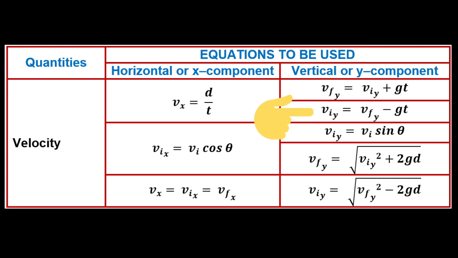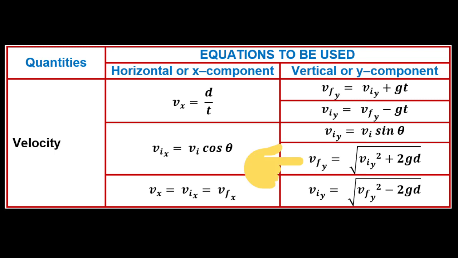Vfy can also be 0, especially if the object moves up and reaches a maximum height. The third one is Viy equals Vi sine theta. This formula can be used to determine the vertical component of the initial velocity after the object is launched at a certain angle from the horizontal.